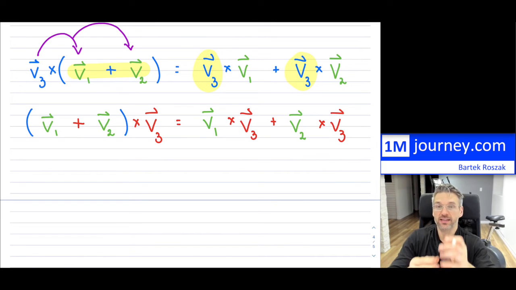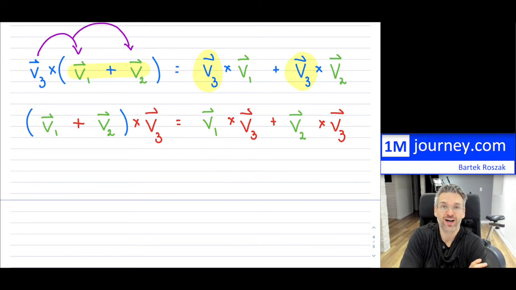Now you can take the components if you wanted to and actually provide the result. It's going to take you a little bit of time to do that. You can write down the components of V1, you can write down the components of V2, so the addition of those will be easy. And then you can cross it with V3, which is going to be a little bit painful.